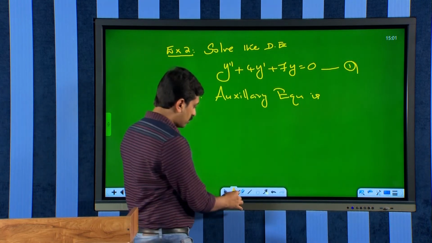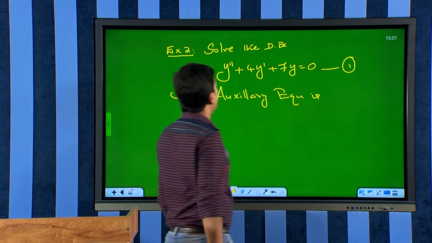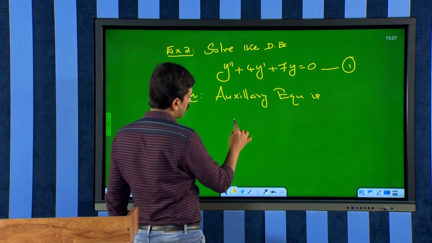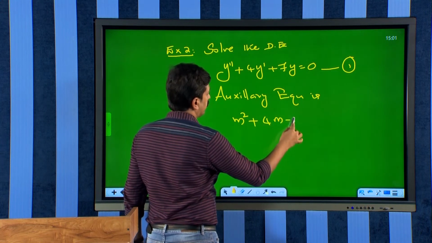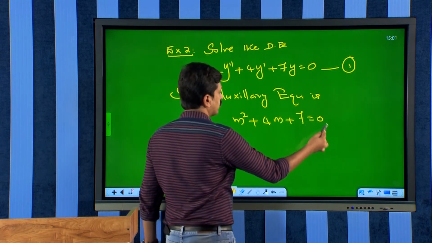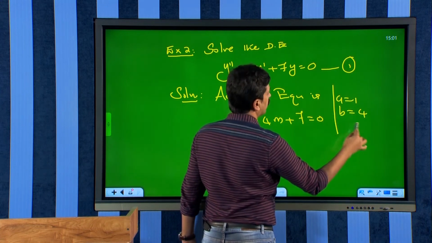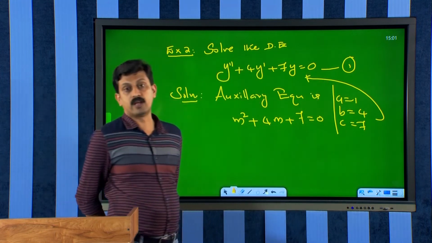We can write the auxiliary equation because of y double dash: m square plus 4m plus 7 equal to 0. Here a is equal to 1, b is equal to 4 and c is equal to 7. So from this differential equation we understood these values.